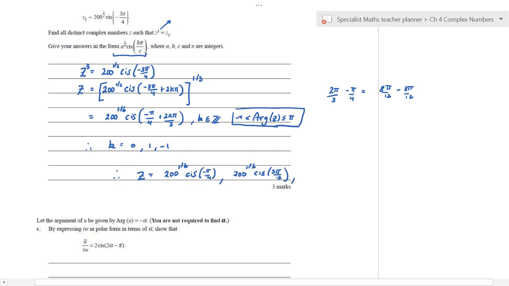Didn't need a calculator, but they tend to ask these harder questions when you can use a calculator. And finally, it's 200 to the power of 1/6, cis of minus pi on 4, and then this time we're minusing 2 pi on 3.